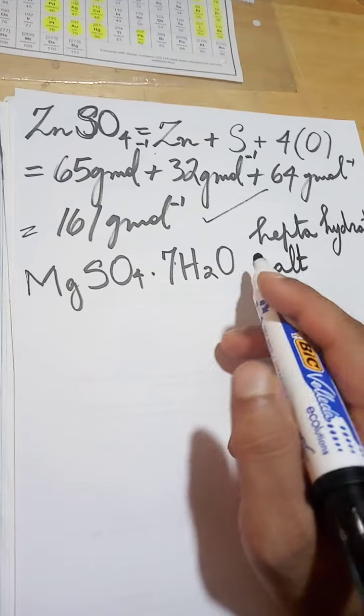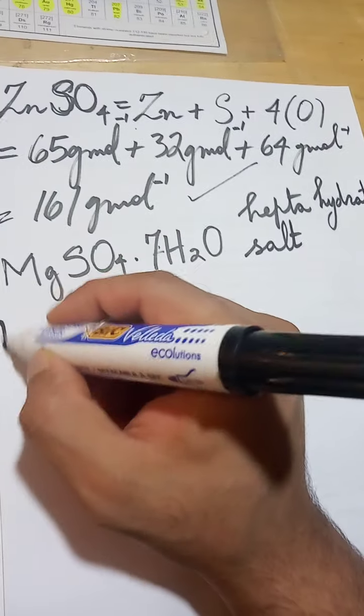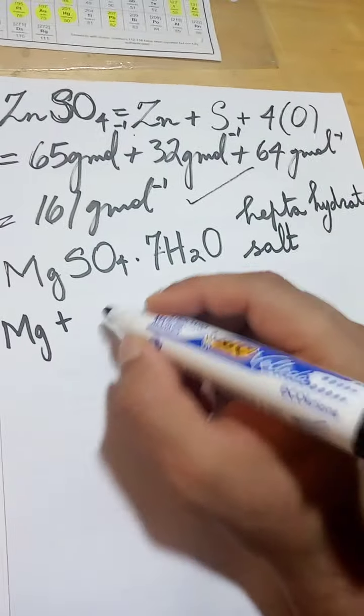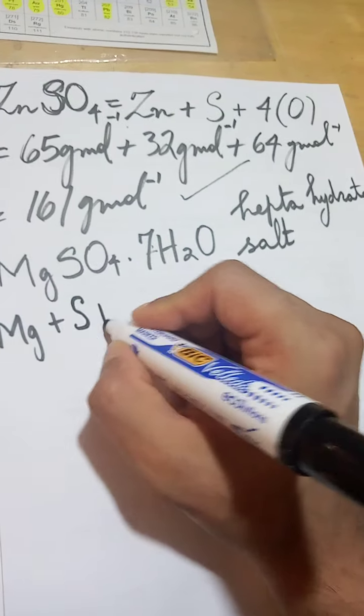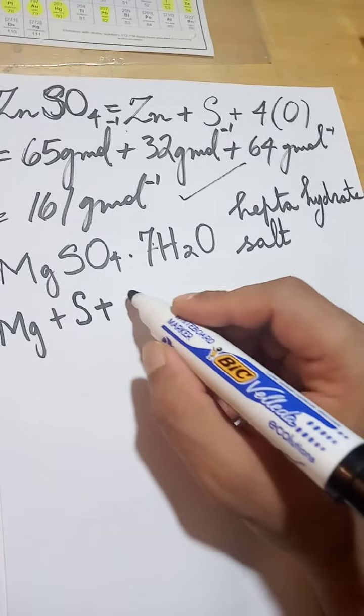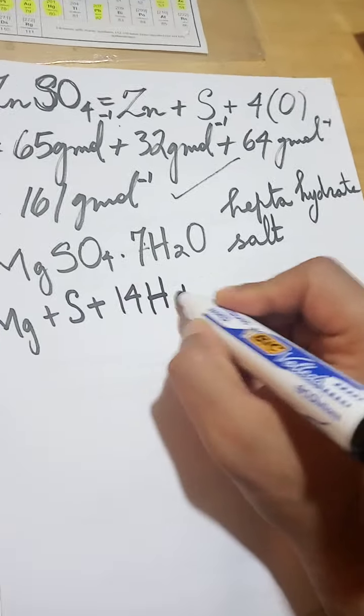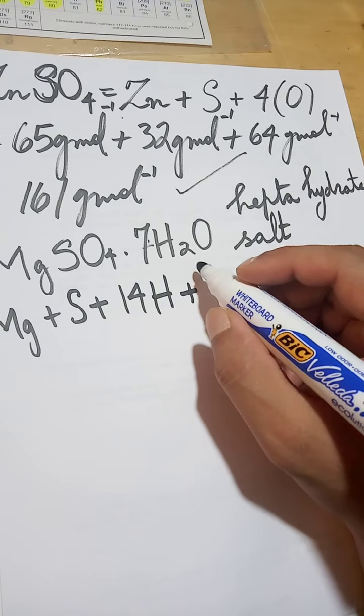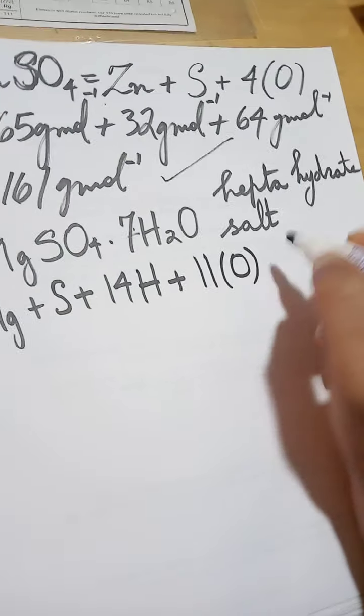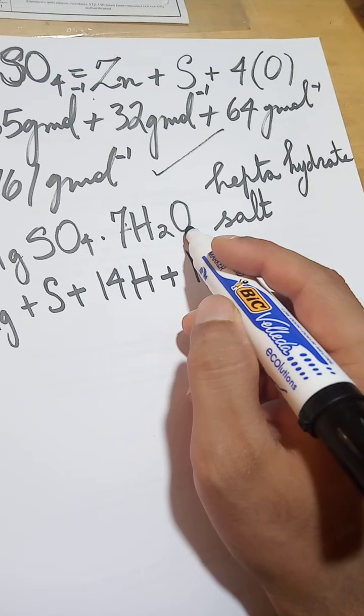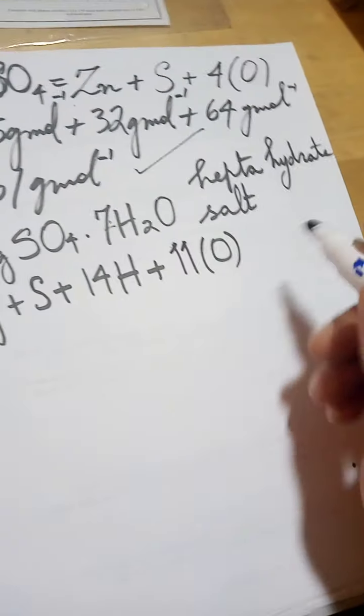It's got 7 water molecules here, so that'll be 1 atom of magnesium, 1 atom of sulfur, 14 atoms of hydrogen, and 11 atoms of oxygen. You can see, because 7 times O plus 4 times O, that's 11 times O, right?